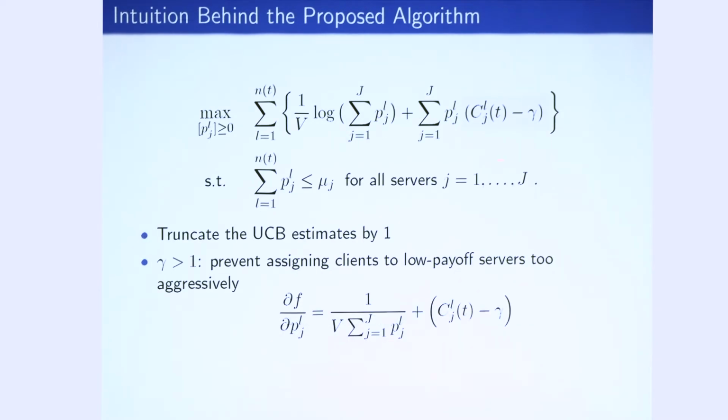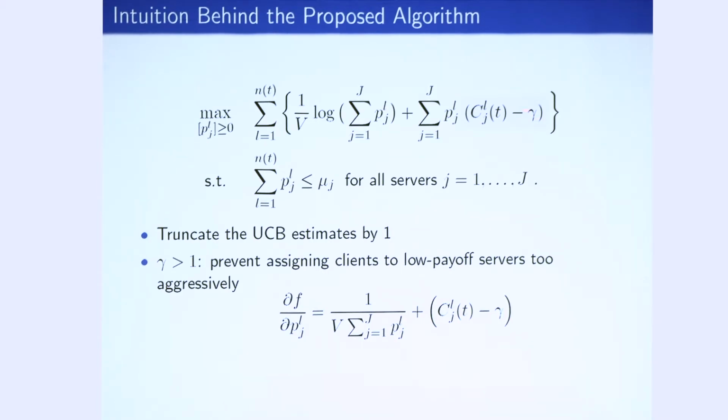And the last one that we do is that, remember this UCB estimate is truncated by 1. But here we further subtract a parameter gamma. The reason is that we want to prevent the system from assigning clients to low payoff servers too aggressively.